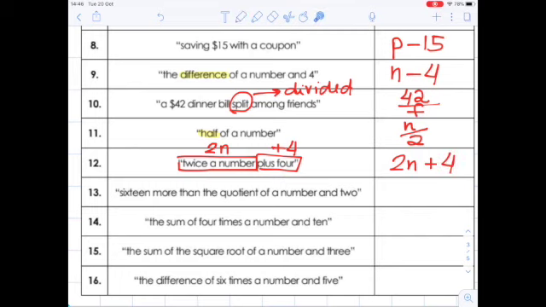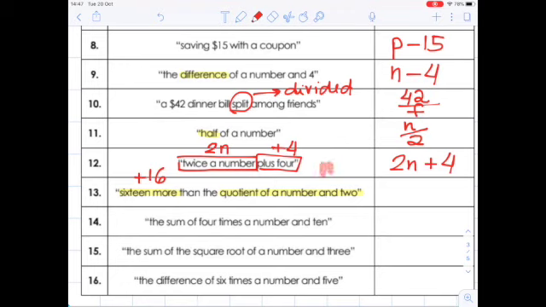Number 13, 16 more than the quotient of a number in 2. Ooh, now it gets tricky. So 16 more is going to mean plus 16, right? More means plus. Then the quotient of a number in 2, quotient means what again? Division.